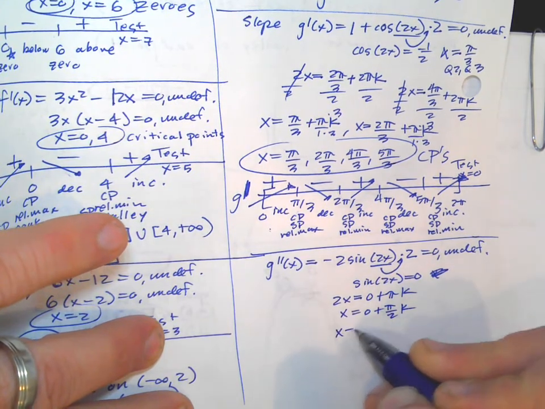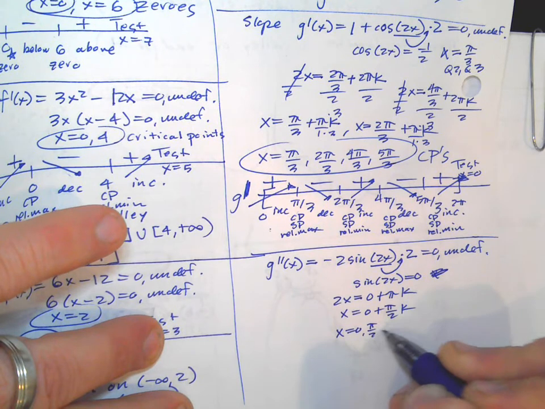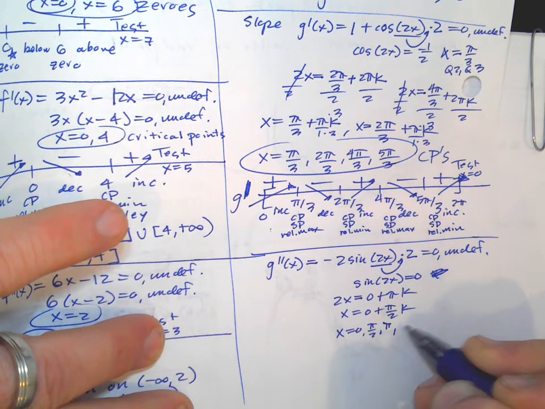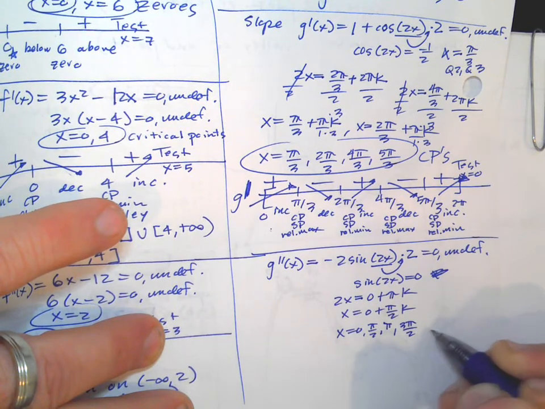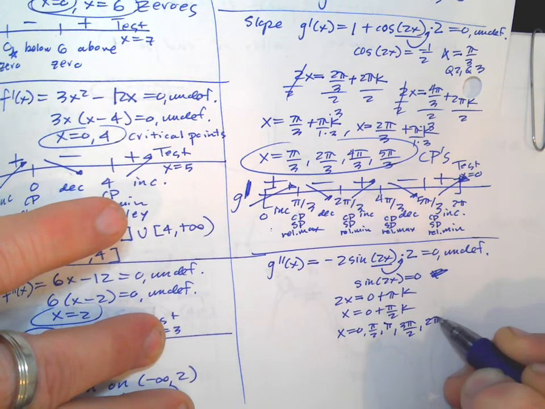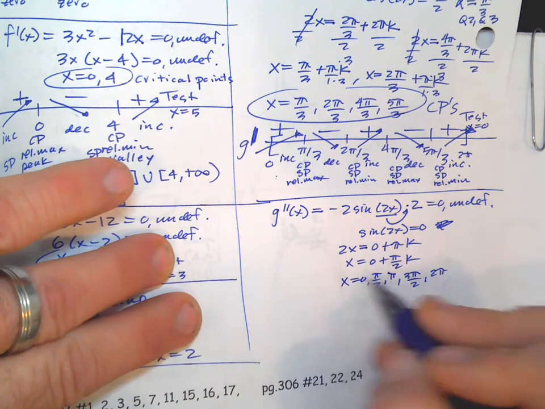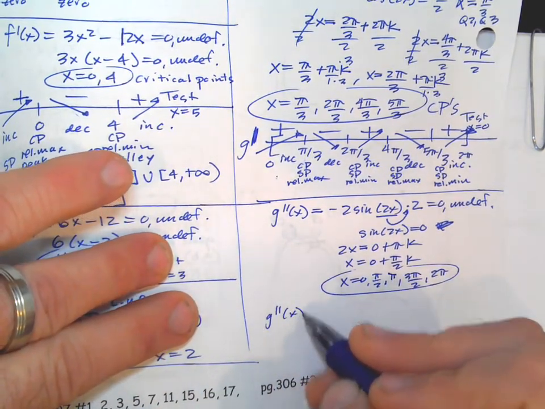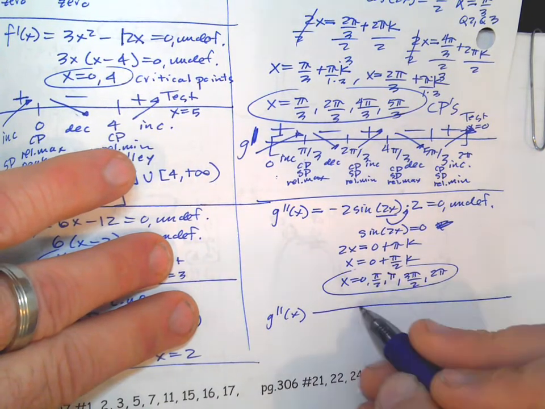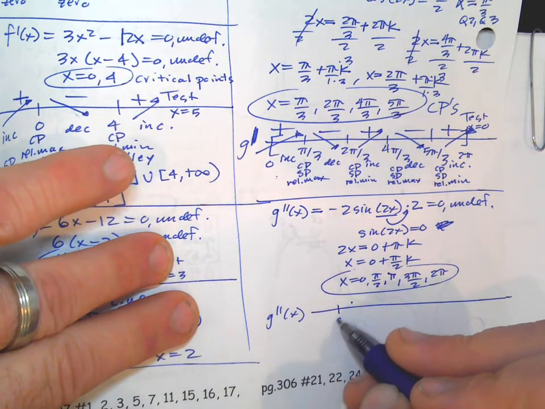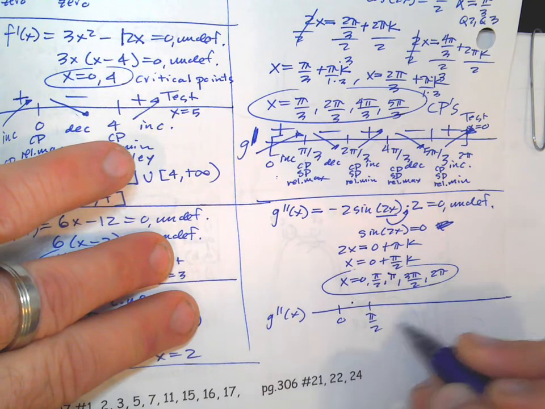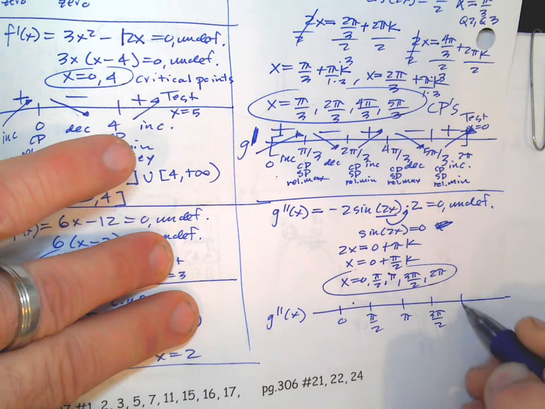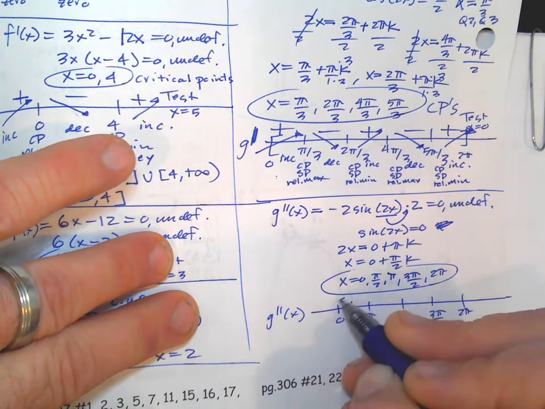So x equals 0, pi over 2, 2 pi over 2 which is pi, 3 pi over 2, and 2 pi. So these are possible inflection points. In fact, I know they are. I know it's going to change positive, negative, all these. We don't put dots for these, we just mark them. And we already have our endpoints are also points.